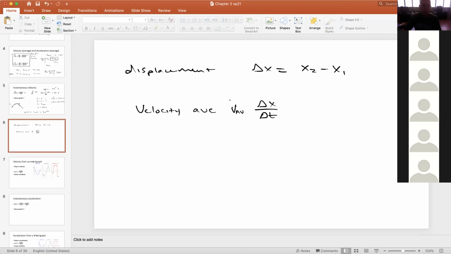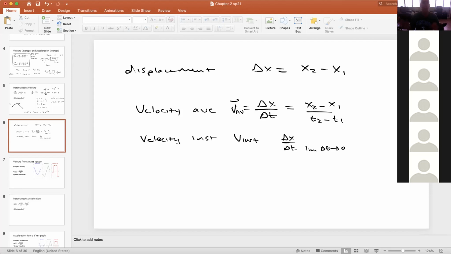So this is average v, which is x2 minus x1 over t2 minus t1. Now, you might have learned in math that if you let the change x2 minus x1 go to 0 in the limit, then instantaneous v is delta x over delta t in the limit that delta t goes to 0, meaning as you scrunch everything down.